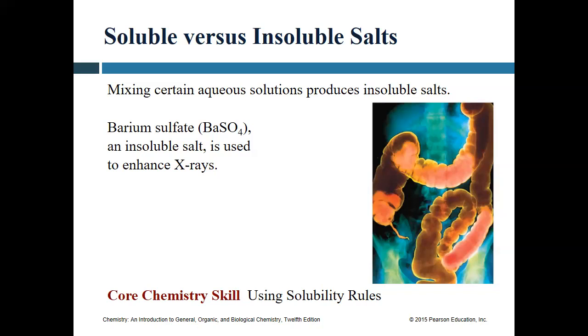But the utility of these is actually really kind of cool because, thanks to some of that insolubility, barium sulfate is a white solid, a bright white solid. Well, if you have a bright white solid inside your intestines, guess what? It's going to show up on an X-ray really, really well.